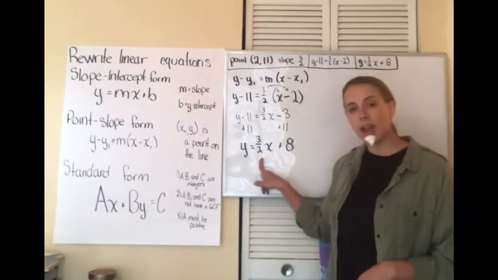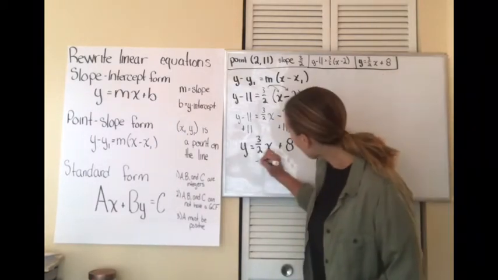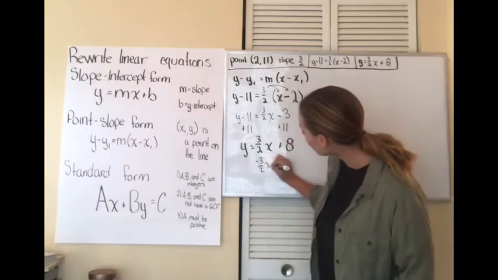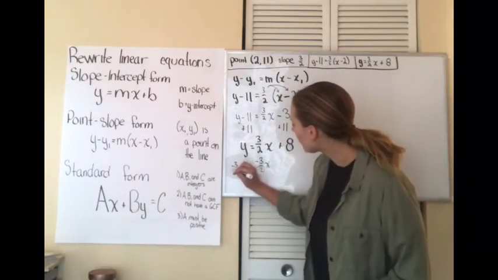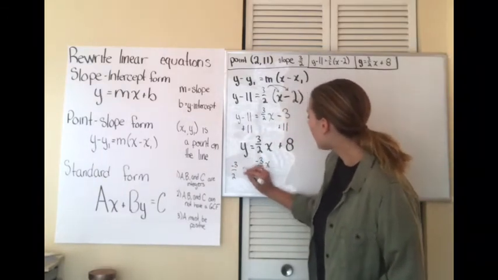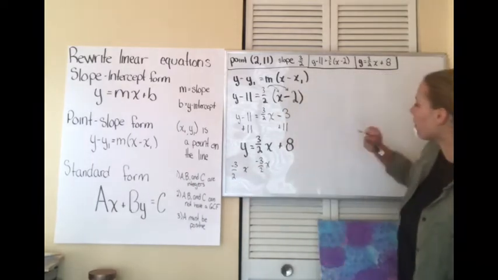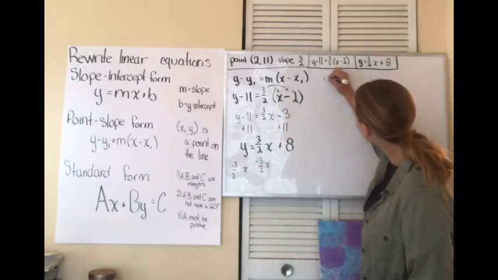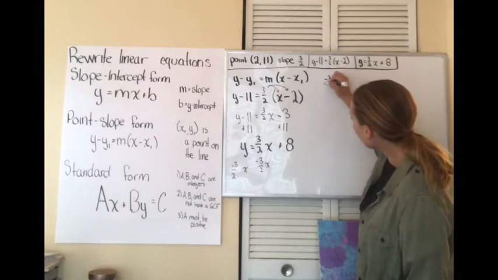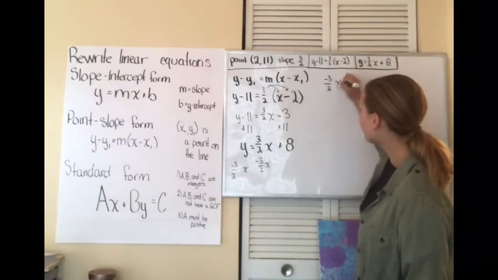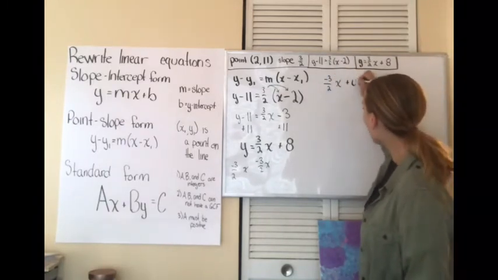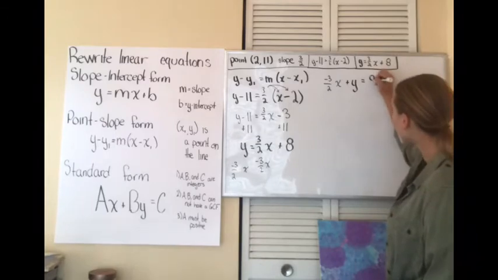So I'm going to subtract 3/2x, and I'm going to just rewrite over here. So I end up with negative 3/2x plus y equals 8.